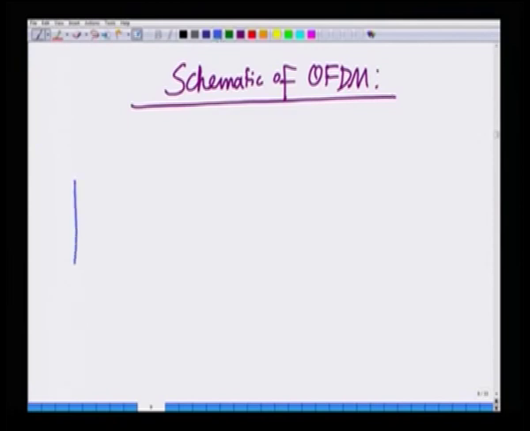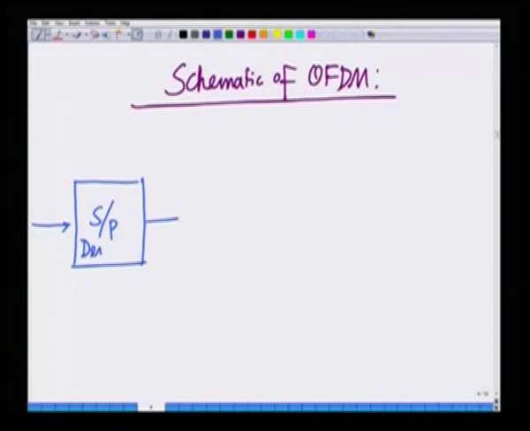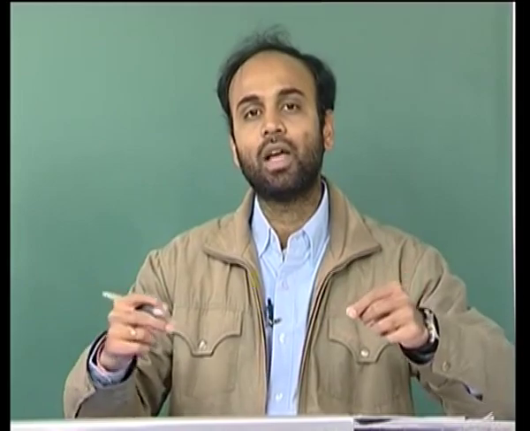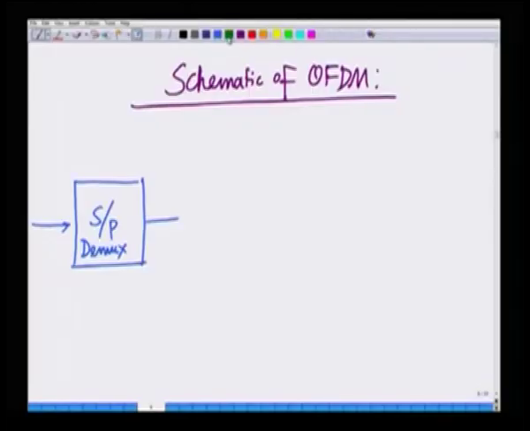I have, similar to what I had in a multi-carrier system, the serial to parallel demultiplexing. This is a demultiplexing operation. Remember, I have a serial stream. I have to convert it into parallel to modulate it over the n subcarriers. So I am basically converting it into a parallel block for modulation, except now I am no longer going to use the bank of modulators.